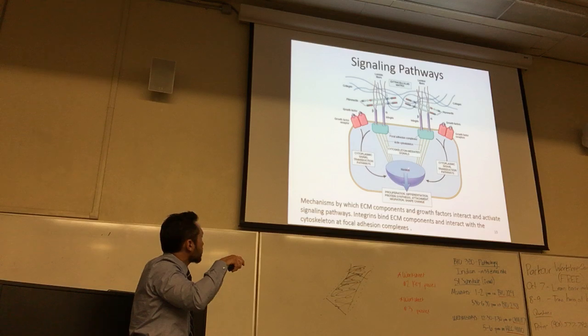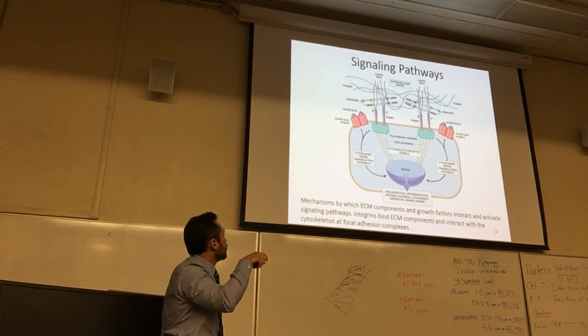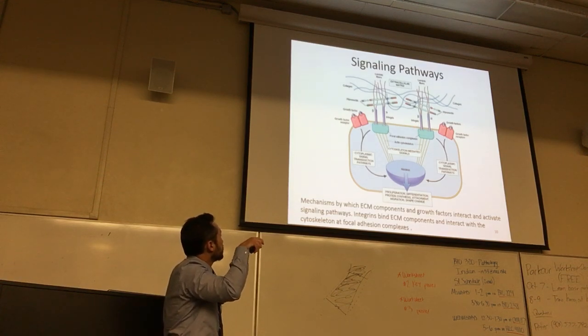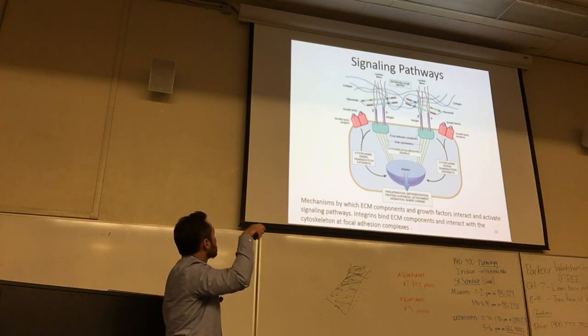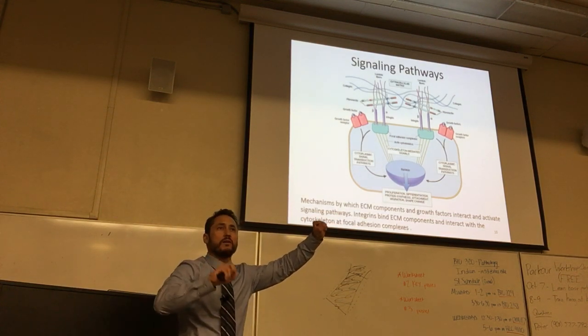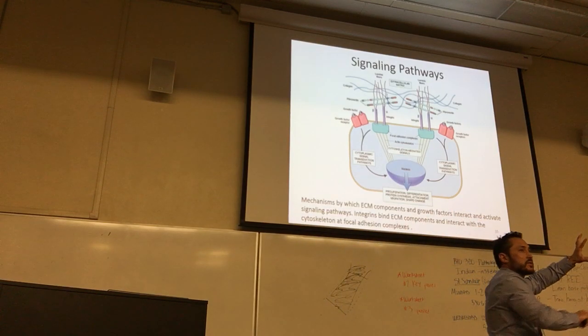If the nucleus says, okay, let's divide and migrate, then it moves the integrins via this focal adhesion complex to bind up to the extracellular matrix. These are the bars in the jungle gym. It grabs onto one and releases the other, and then moves over here and grabs onto another, kind of like a kid swinging on a jungle gym.